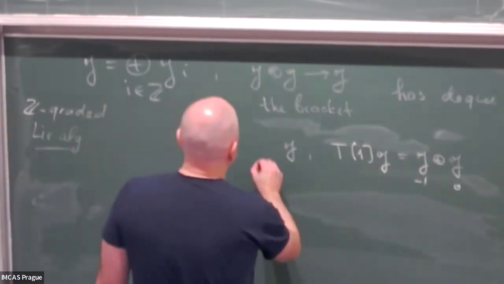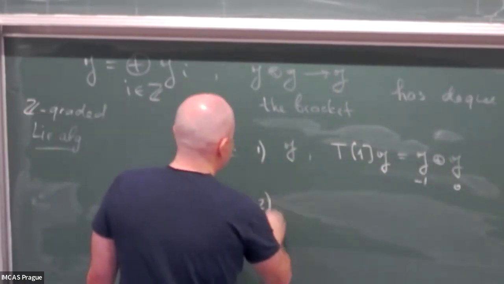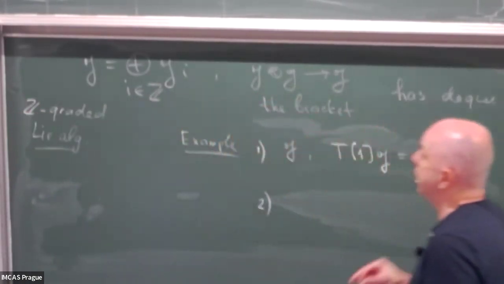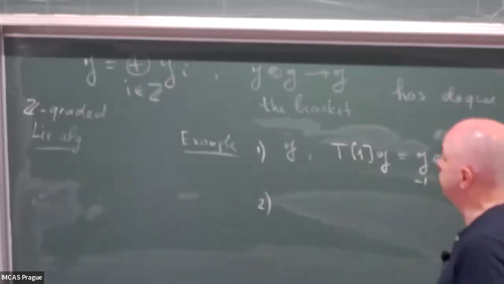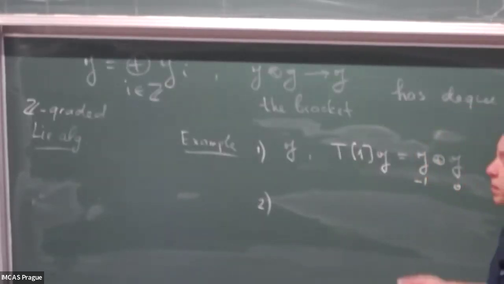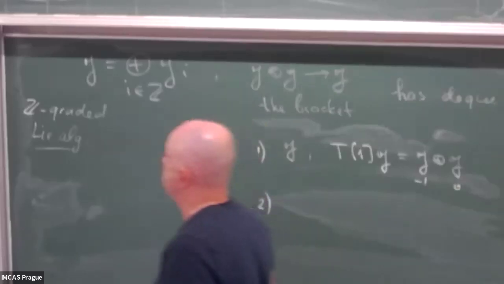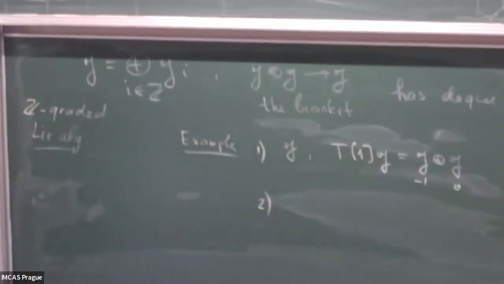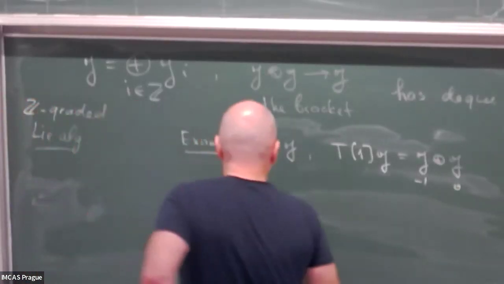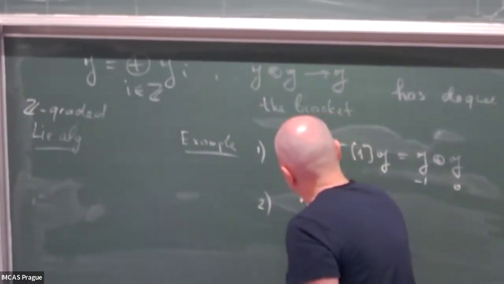There's also a nice family of graded Lie algebras used in differential geometry, for instance in Tanaka prolongation theory and prolongation of G structures, all this stuff. The simplest example is just SL2.